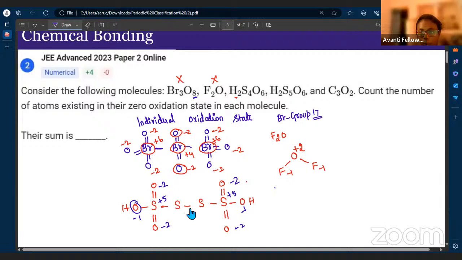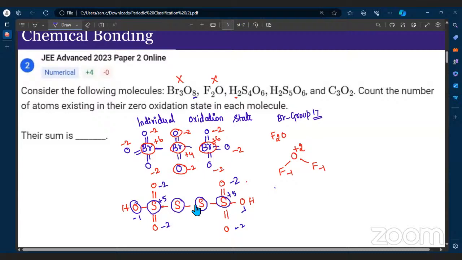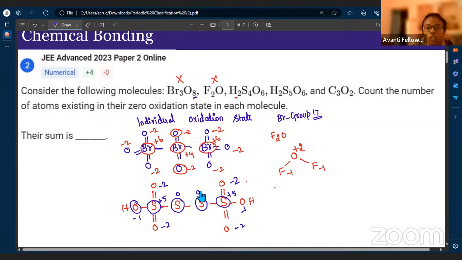We know that this sulfur is attached to 2 sulfurs, the same atom, and this sulfur is also attached to 2 sulfurs, the same atom. So the oxidation state of sulfur in the middle is 0. So we have 2 atoms having 0 oxidation state.